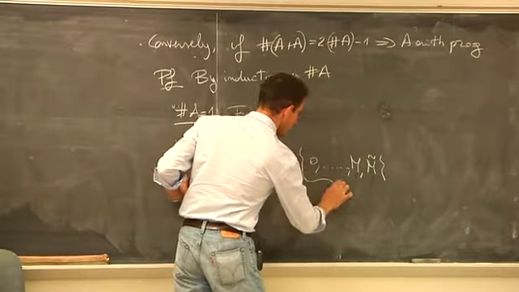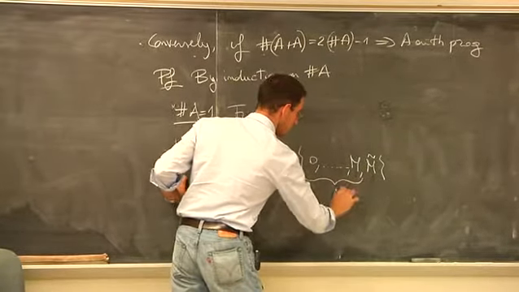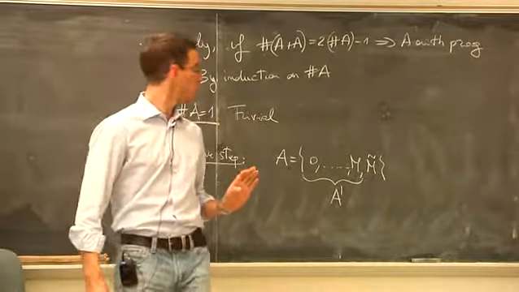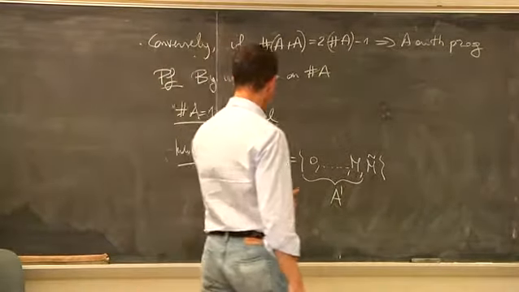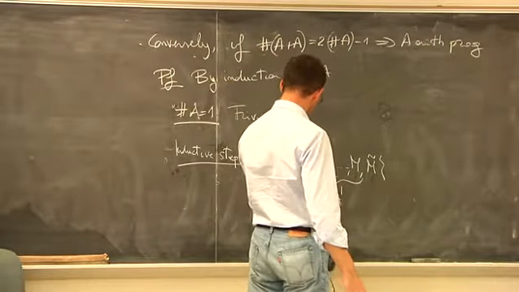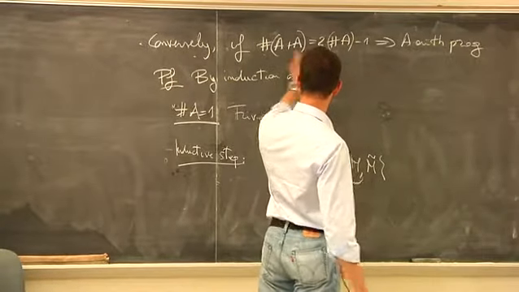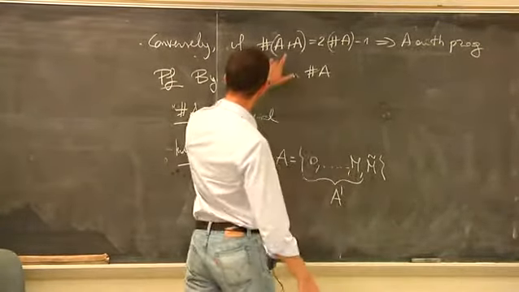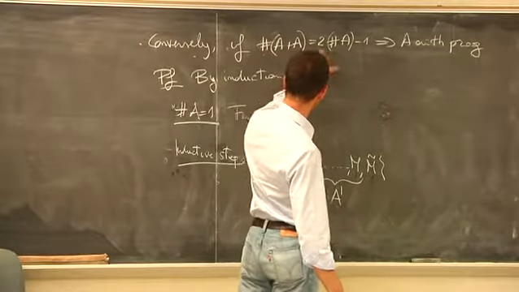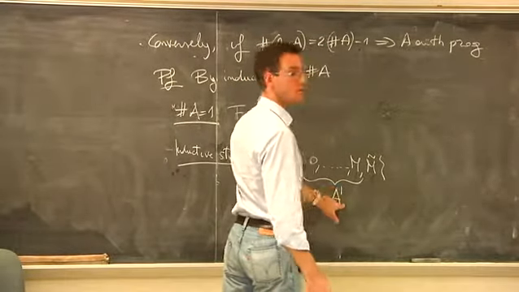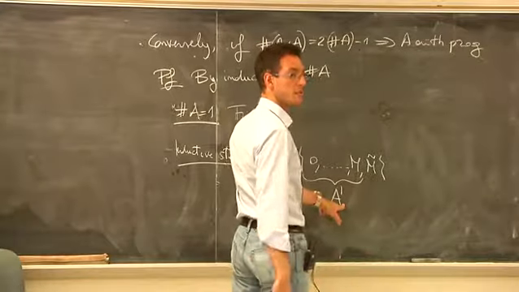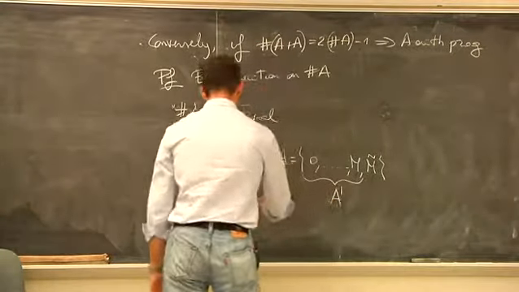And then you just consider this subset A prime as a subset of A. And now we count. So we're going to use this to show that if the cardinality of A plus A is equal to twice the cardinality of A minus 1, then the same is true for A prime. And then for A prime, we apply the inductive hypothesis. So let's look at this.